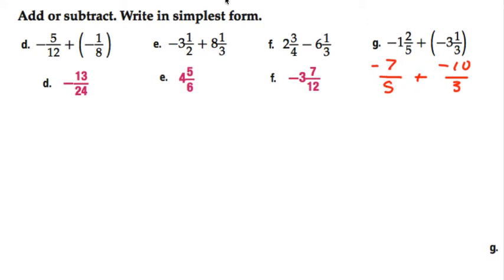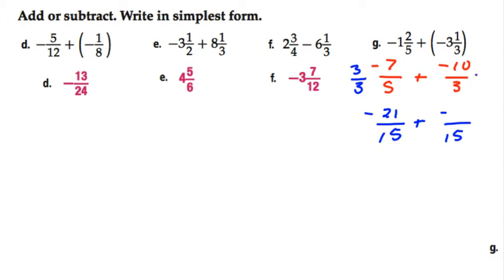So what's our common denominator going to be? Well, our common denominator is going to be 15. Hopefully you can see that on this one. If not, ask me in class. Trying to pick up the pace so the video is not too long here. Both of these will be negative. What do I need to multiply 5 by? I need to multiply it by 3, so I need to multiply the top by 3, and that gives me 21.